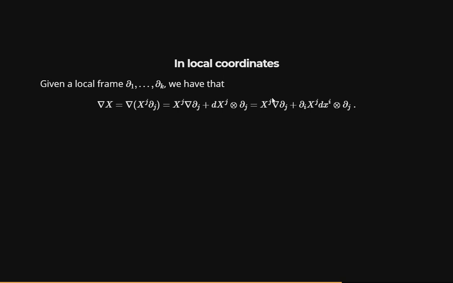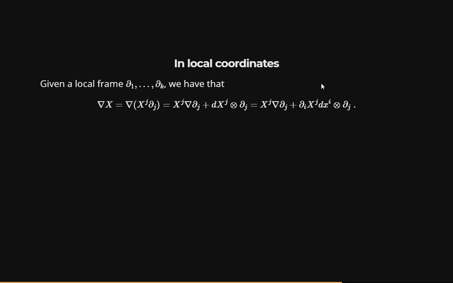If you write everything down, the first part stays the same. The second part becomes the partial derivatives of the coefficients times these elements, which are a basis. These are the equivalent of the matrices a_i times a_j transpose. Okay.